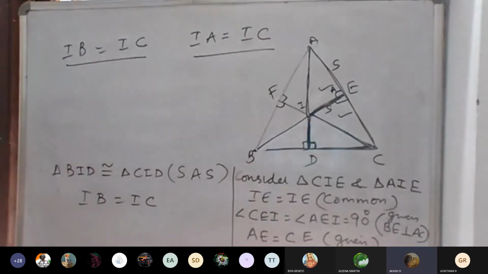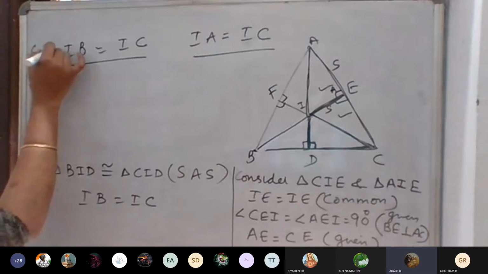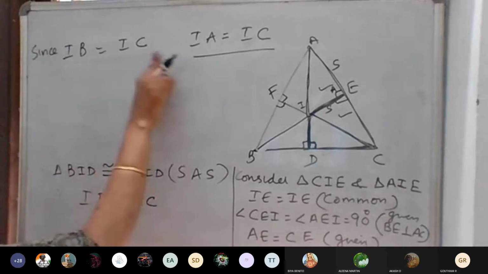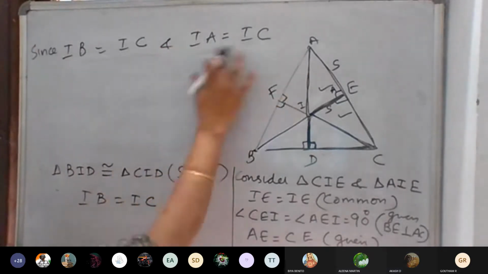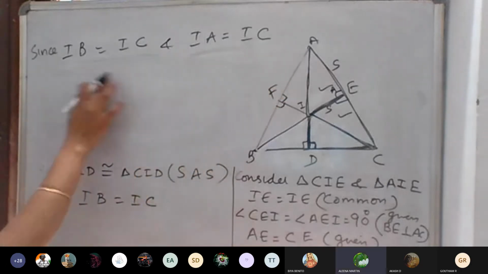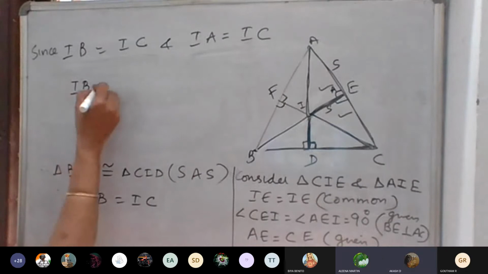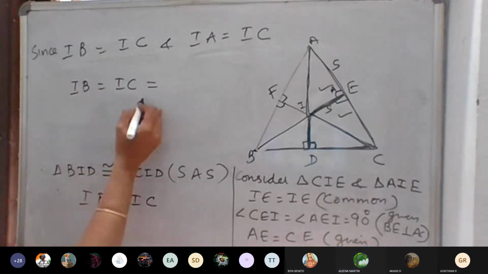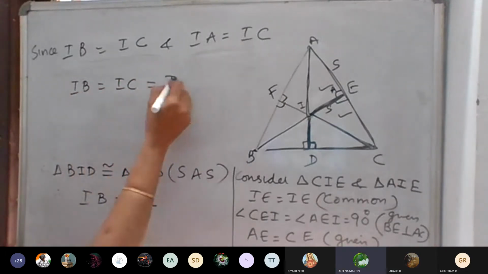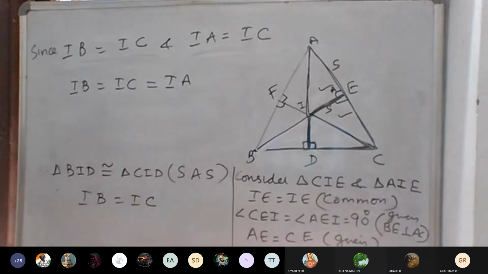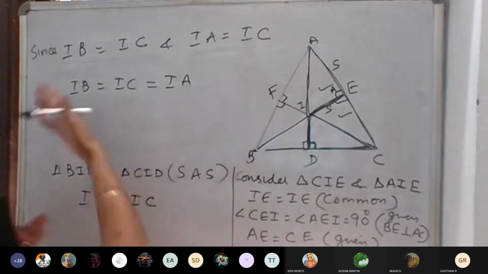Next, connecting. Since IB is equal to IC and IA is equal to IC, we can write IB is equal to IC is equal to IA. Just rearrange.